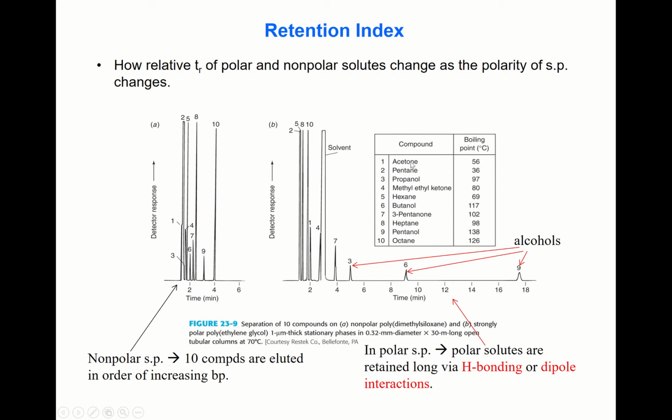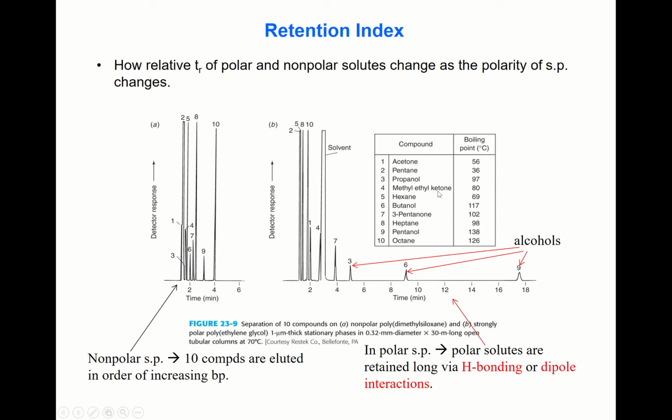So it retains longer in this polar stationary phase, but acetone is a small molecule, so it is retained in the polar stationary phase but not for a lot longer time. And 4, methyl ethyl ketone. Acetone is also a ketone, right?